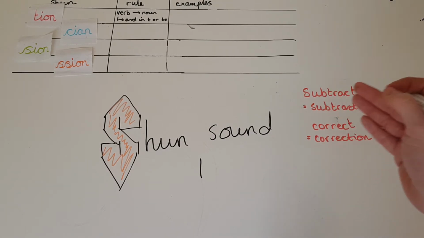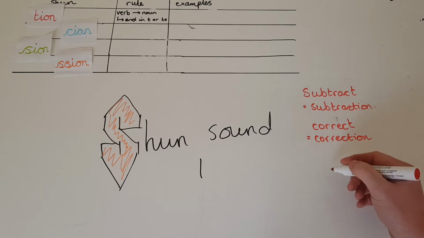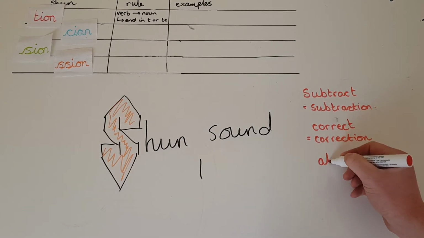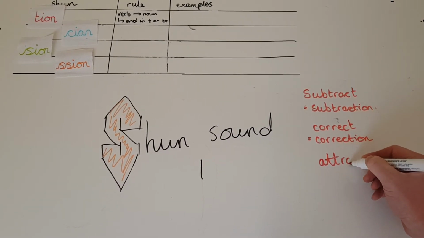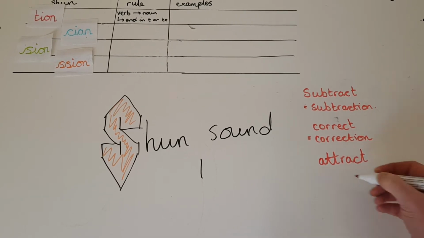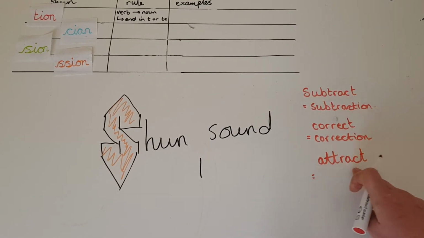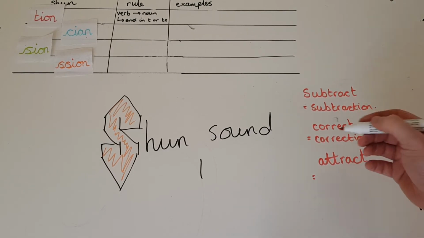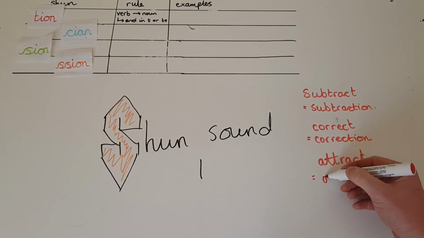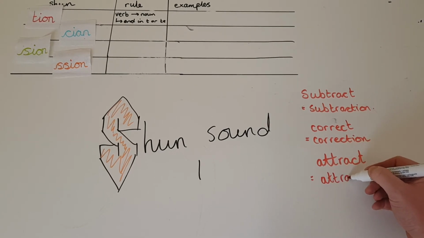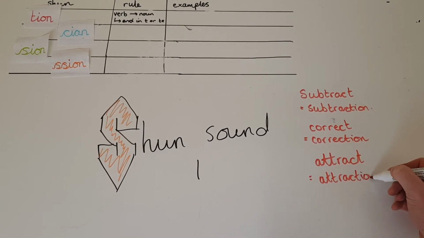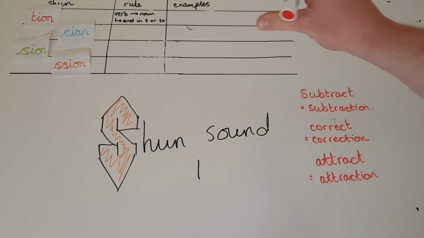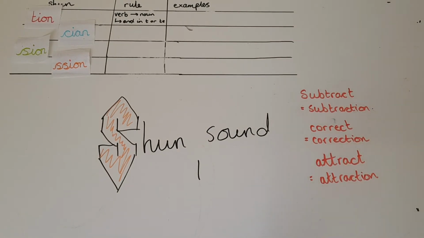Always go back to the root word. The root word is attract. It is a verb, and I want to change it into the noun attraction, so I'm going to use tion at the end for the shun sound. Attraction. These are all examples that you could put inside your table.